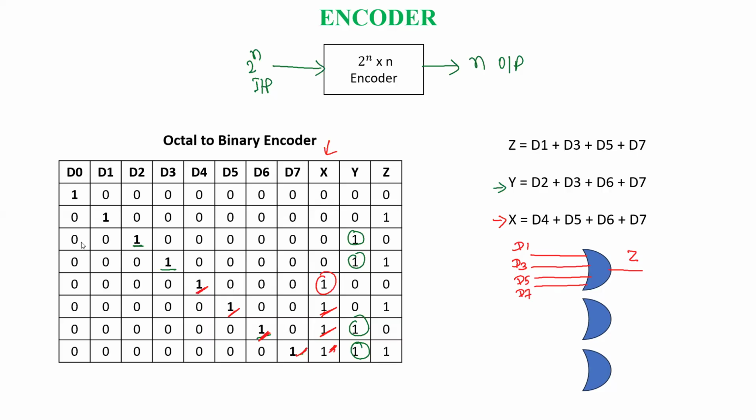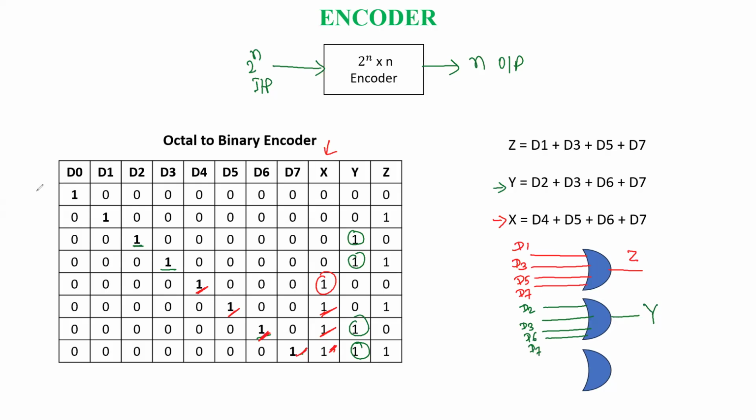Like this, we have another for Y. This OR gate we use for Y. Again, four inputs are there, so each OR gate has four inputs. Here the inputs are D2, D3, D6, and D7.